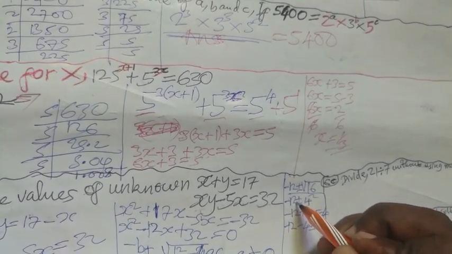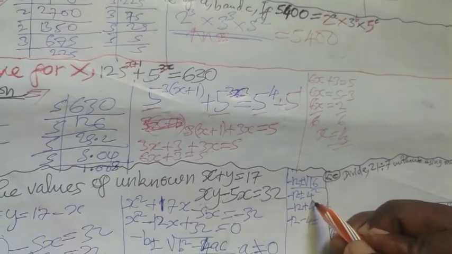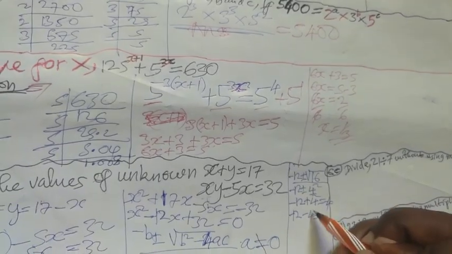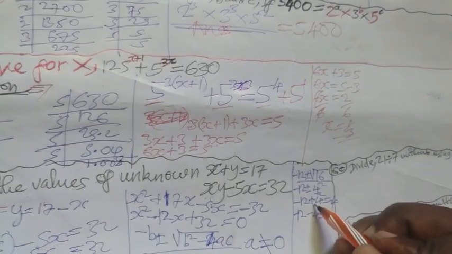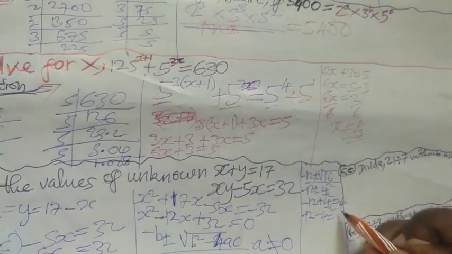Therefore, 12 plus 4 divided by 2, and 12 minus 4 divided by 2.